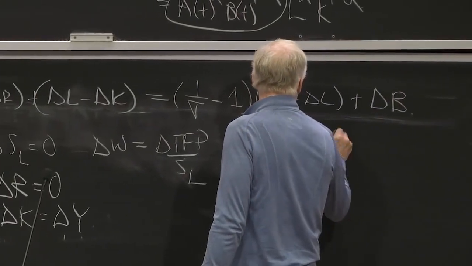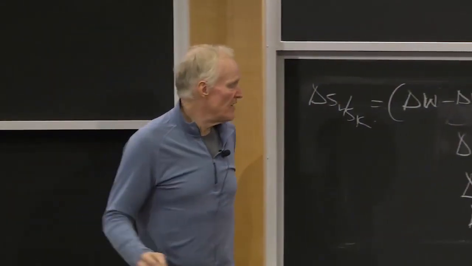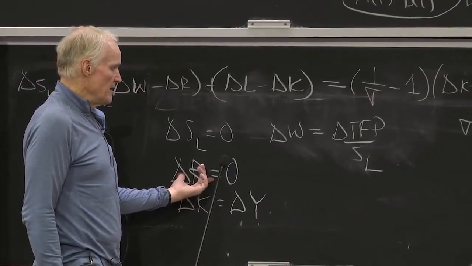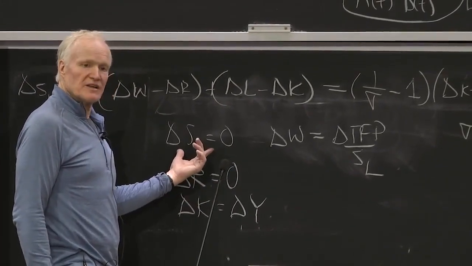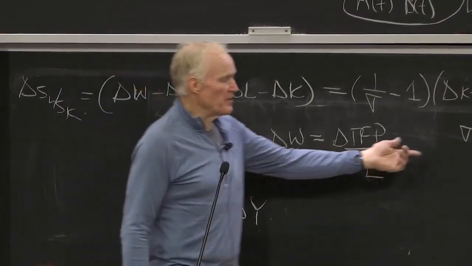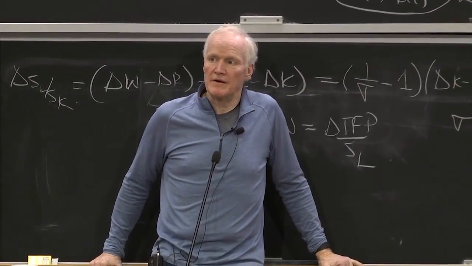What if I had the neoclassical growth model facts? That is, the long run return to capital was constant, but labor share wasn't constant. Labor share was changing. And sigma were bigger than 1. What would the world look like?